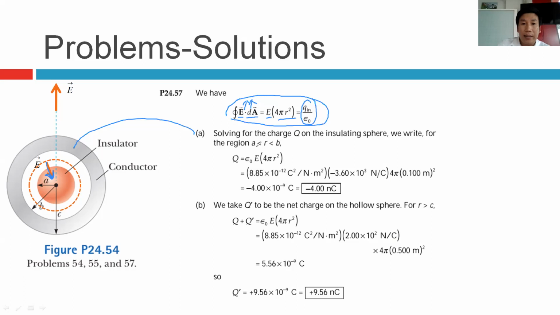For the case where r is larger than a and smaller than b, 10 centimeters agrees with this case. We can apply it, and we get the value of Q here. That's question A. Any questions, students?